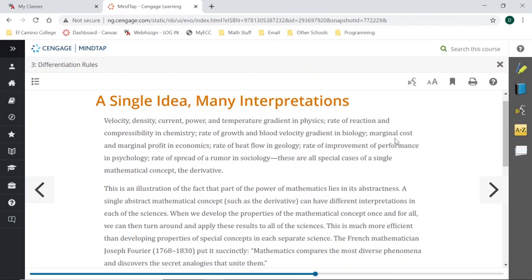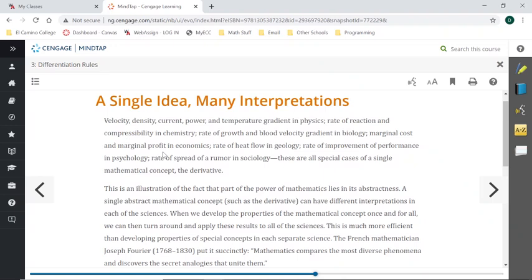For a variety of reasons, it might be more expensive to produce the first unit than it is to produce, let's say, the 100th unit, and than it is to produce the 1,000th unit. So you might have a variable cost function, and the marginal cost, the derivative of that cost function, would be a predictor for how fast the cost is changing at that production level.